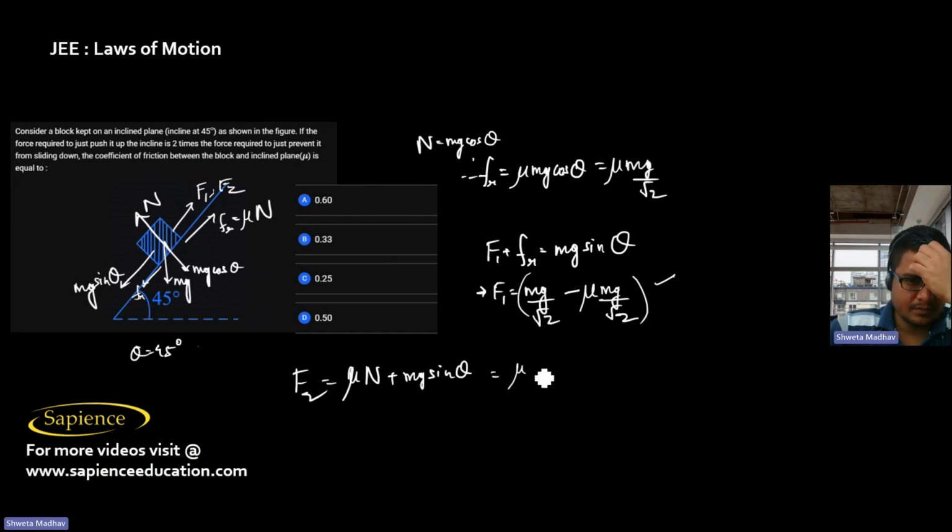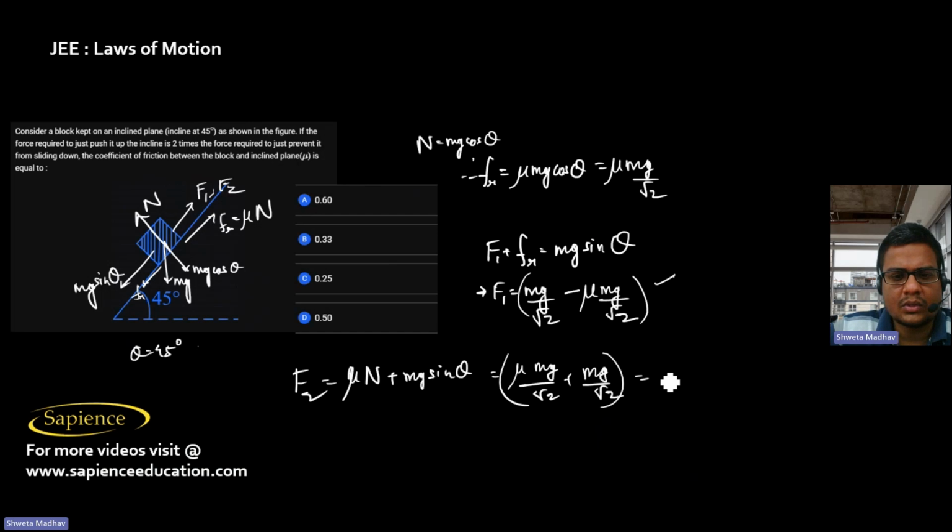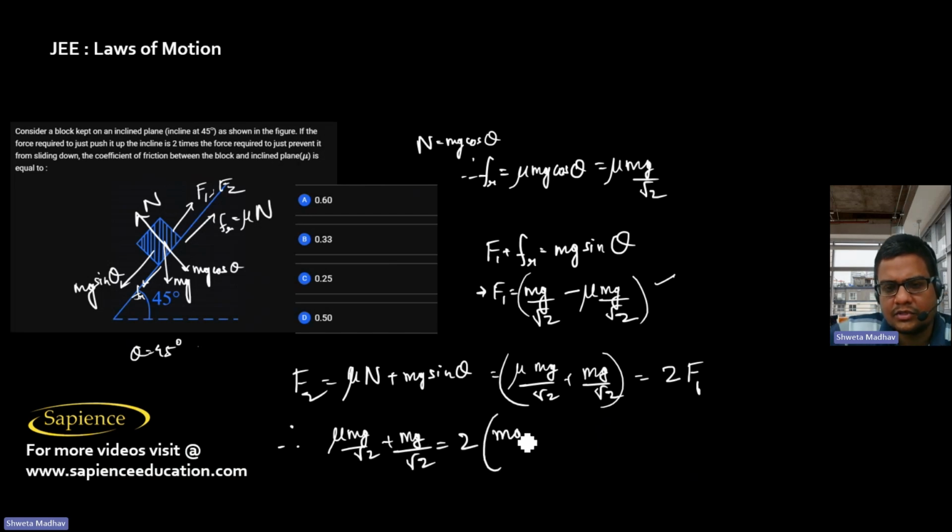So this will be mu mg by root 2 plus mg by root 2. So this F2 is 2 times F1. That is mu mg by root 2 plus mg by root 2 is equal to 2 times mg by root 2 minus mu mg by root 2.